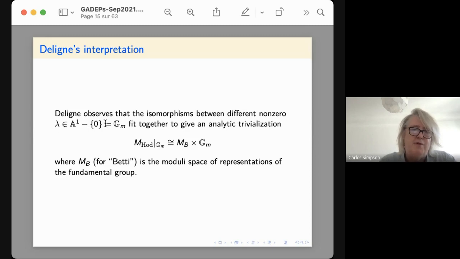So for any lambda different from 0, as we saw, those moduli spaces are all the same. And they're also all isomorphic to the Betti moduli space, which is the moduli space of representations of the fundamental group. So here we're saying that a vector bundle with integrable connection is the same thing as a representation of the fundamental group. That's what's called the Riemann-Hilbert correspondence.